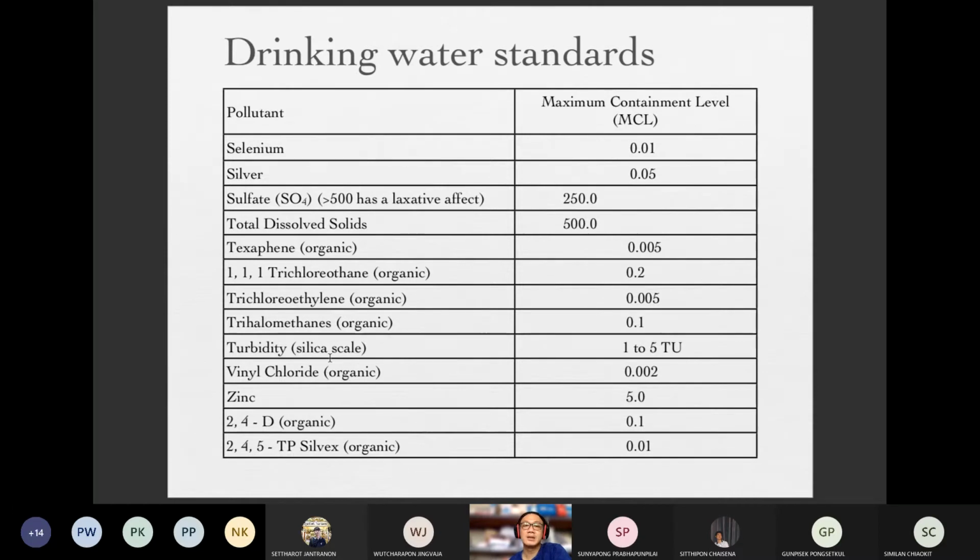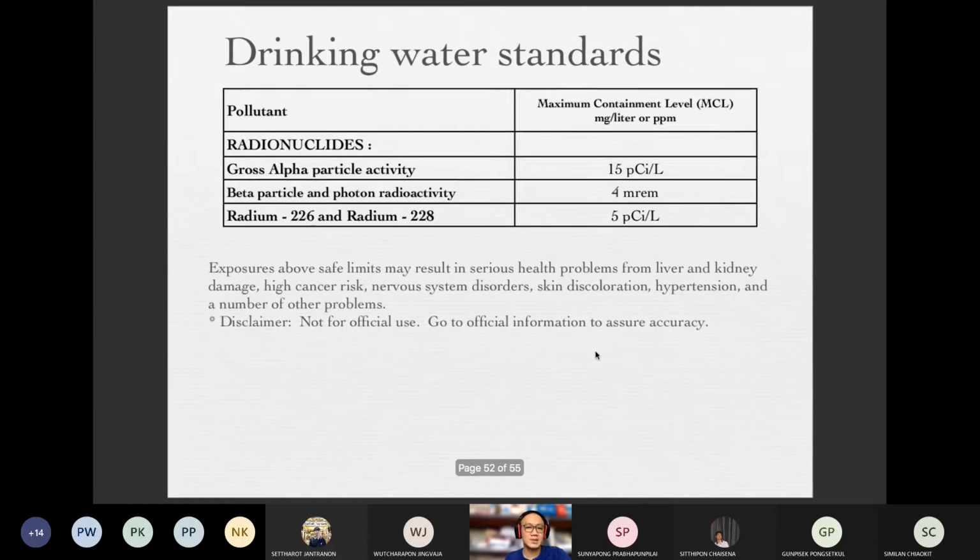These are the list of parameters that shouldn't be in a higher amount than the value shown in this table. Radionuclides, gross alpha particle activity, beta particles and photon radioactivity, radium 226 and 228 shouldn't be higher than this level.